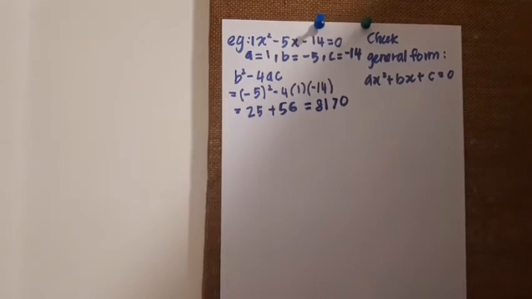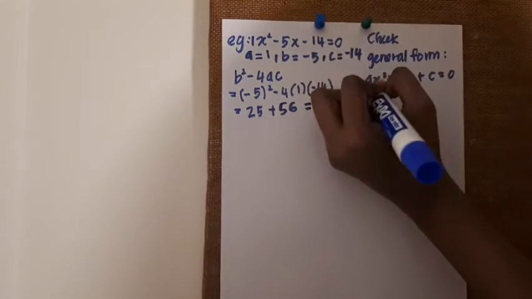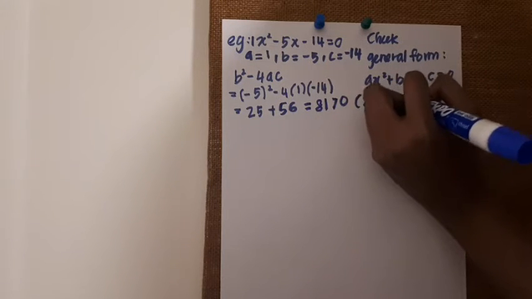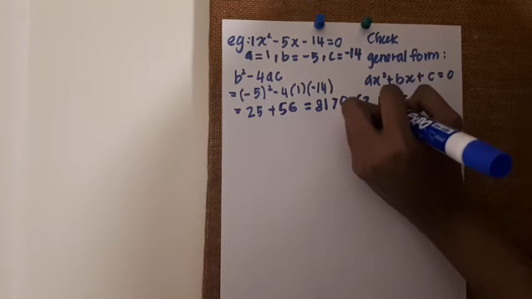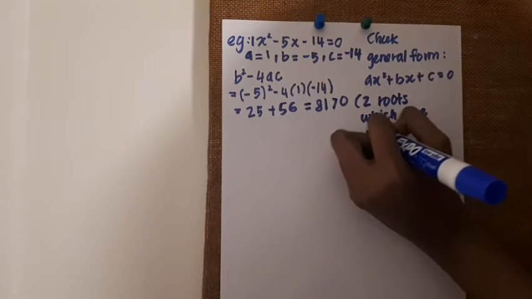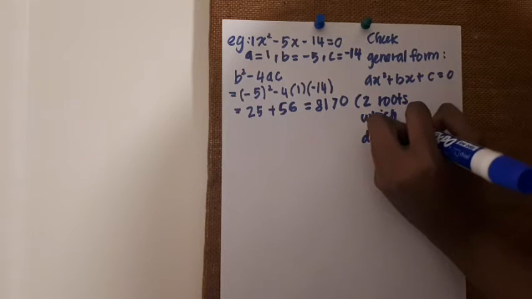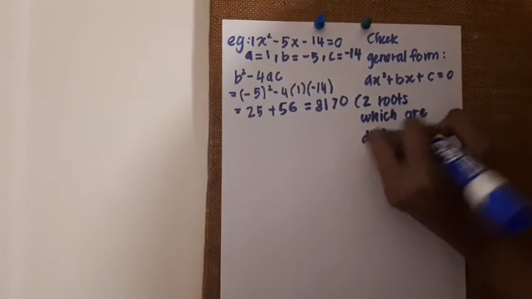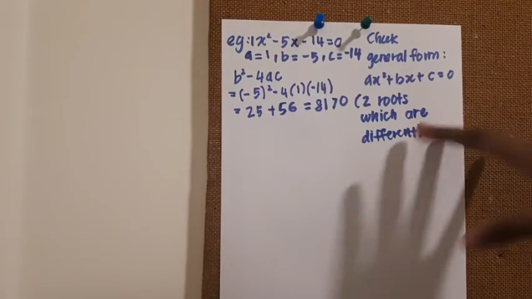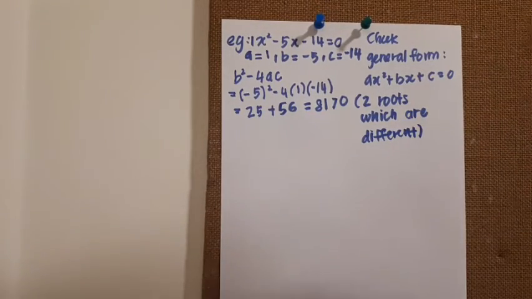And we have seen previously that if it's greater than 0, then we have two different roots, which means two roots with different values.